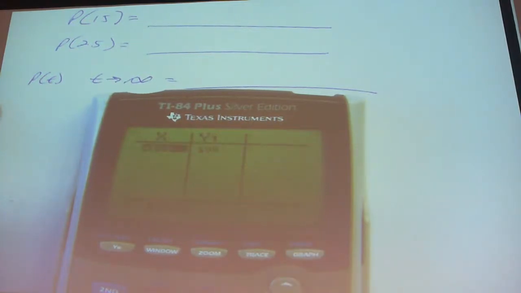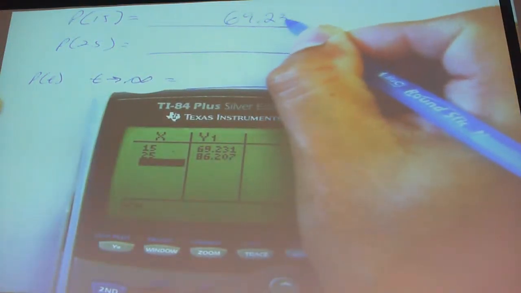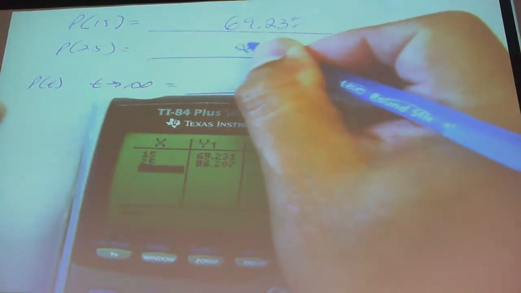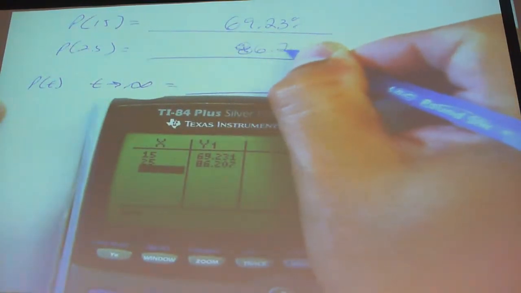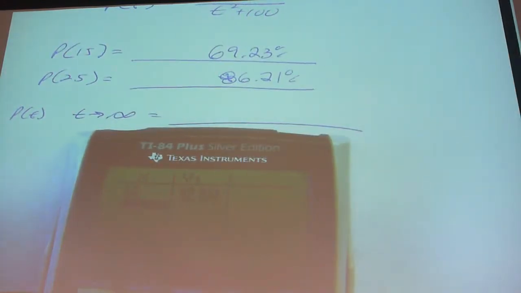So when I go to the table and plug in 15 and 25, 15 gives us 69.23%. 25 gives us 86.21%, which translates to after 15 days, 69% of people have done the update. After 25 days, 86% of people have done the update.